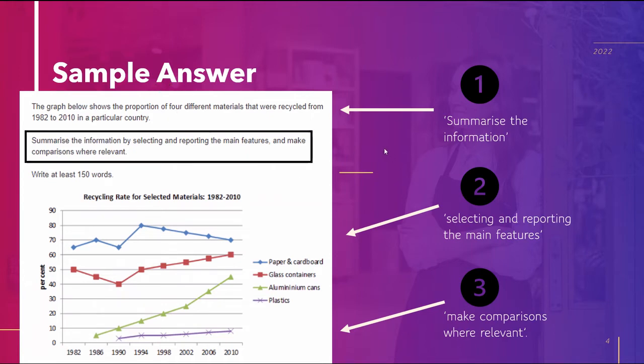We get a description of the infographic first of all. So here it says that the graph below shows the proportion of 4 different materials that were recycled from 1982 to 2010 in a particular country. So there's a few things already here which we can work out.